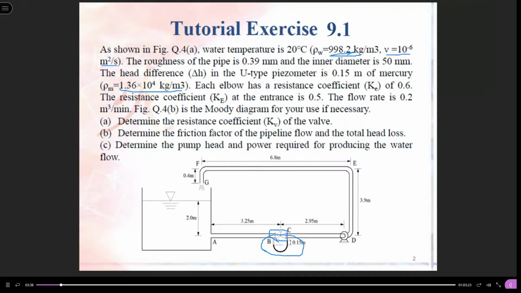So now you have 5 minutes to think about how to solve these questions. Then I'll show you the solution.